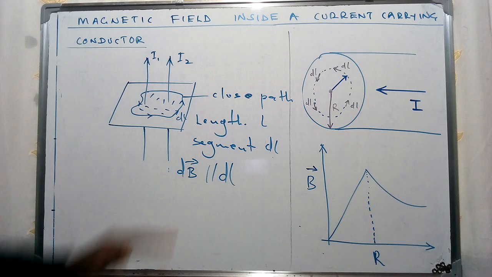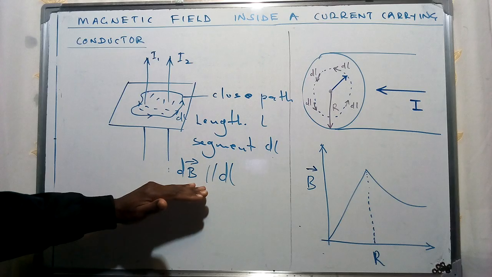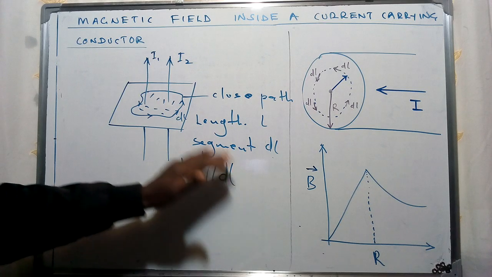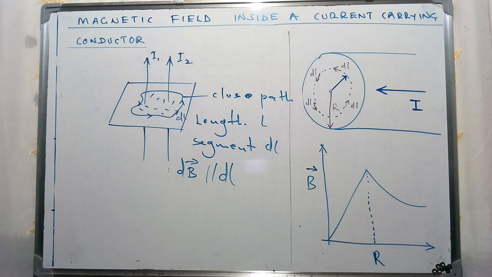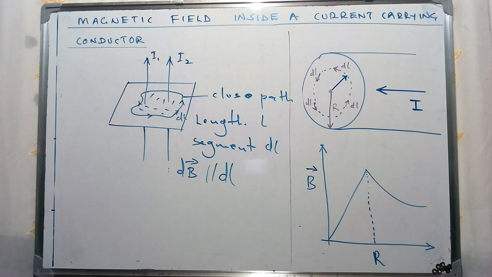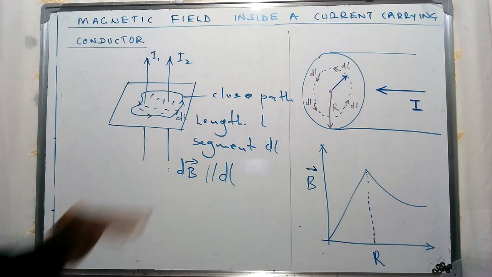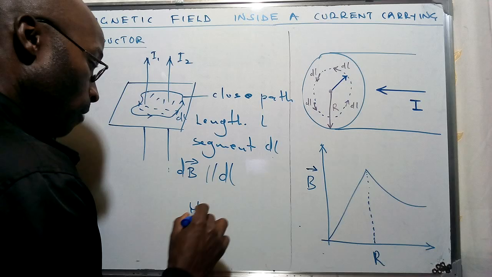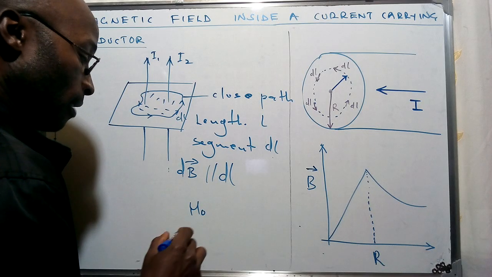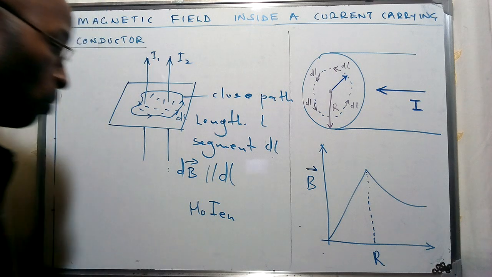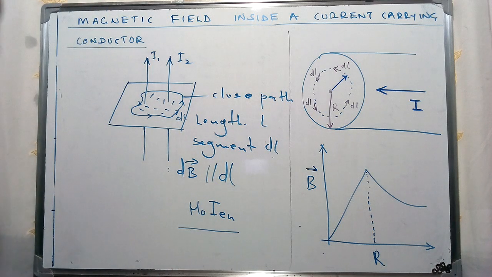If we take the product of this magnetic field and the component of this length and sum up all the components found in this case with the respective parallel magnetic field component, the result is going to be equivalent to the product of mu naught and the current which is enclosed in this specific path.